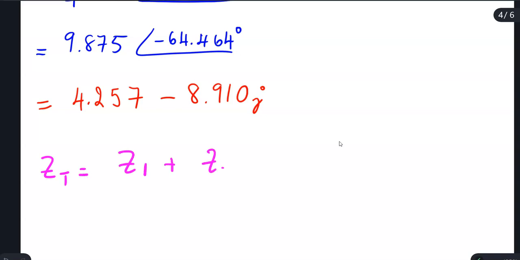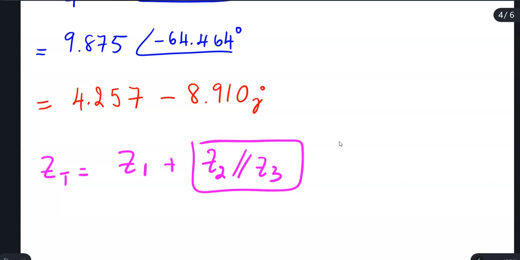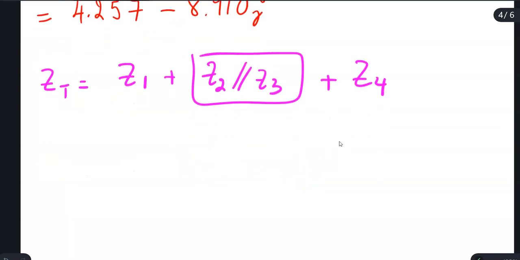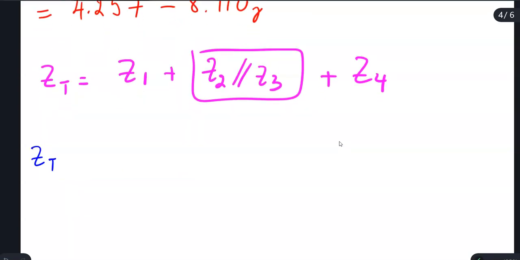Z1 plus Z2 parallel to Z3, right? Okay, and we add this with Z4. So what I'm going to do is put in the values that I have earlier.